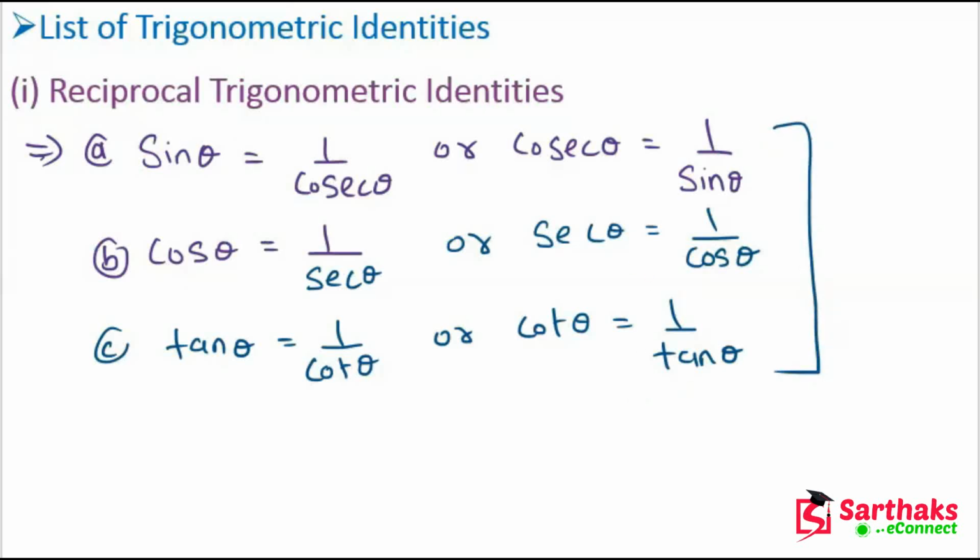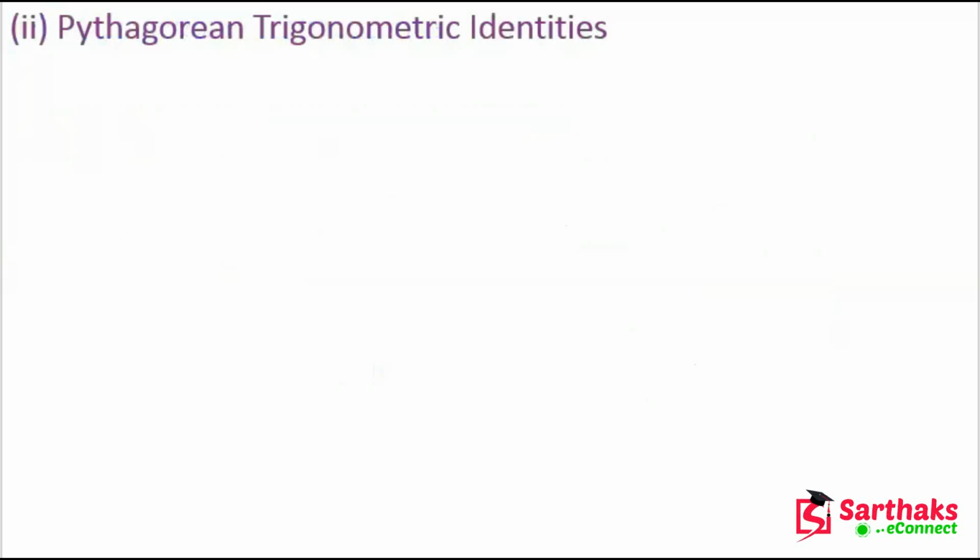Okay, so now let's move on. The second part is Pythagorean trigonometric identities. There are 3 Pythagorean trigonometric identities in trigonometry that are based on the right triangle theorem or Pythagoras theorem.